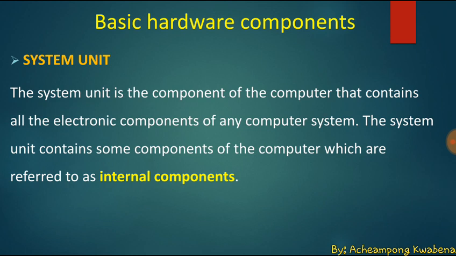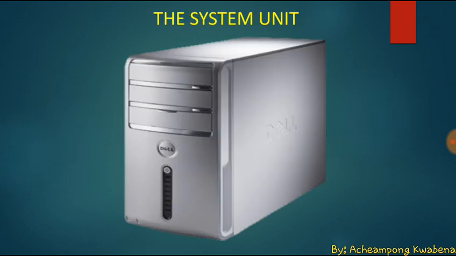Now let's look at the other basic hardware components of the computer. Before that, we'll look at some pictures of a system unit. We have this one to be a system unit. I hope most of you are familiar with this component of the computer. We have this one to be the tower because it stands like a tower.